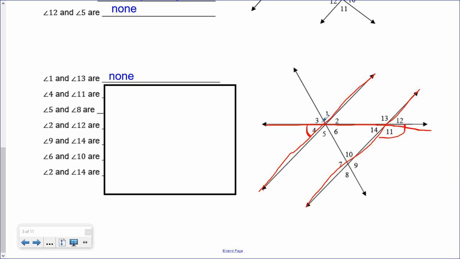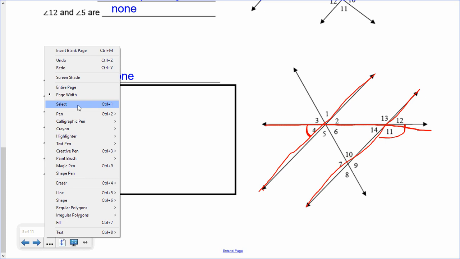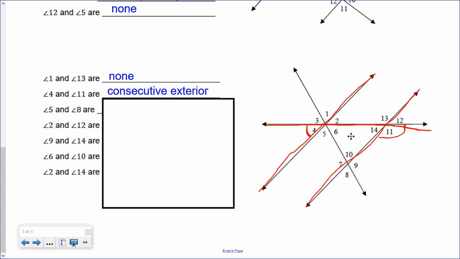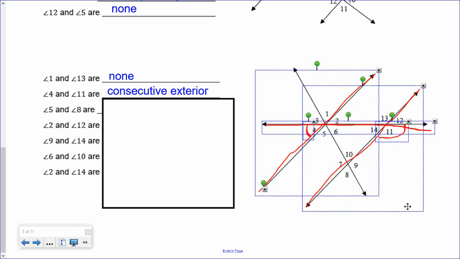Both of these angles are outside of the two lines that we trace here, so that means that they're exterior. And they're on the same side of the transversal, which means that they're consecutive. So this one is consecutive exterior. They are on the same side of the transversal, but they are both outside of the two lines. All right, sorry for mixing that one up.